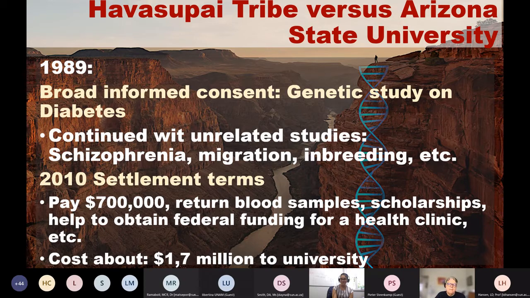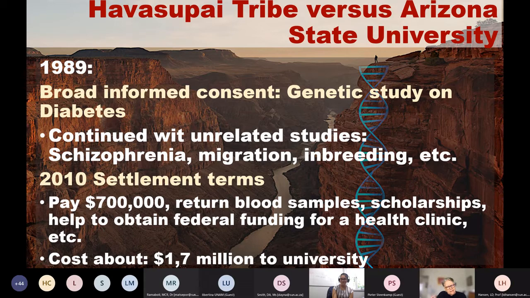So there was a time when an anthropologist visited them, and they talked to her about the huge issues around diabetes within their community. And then they thought, in terms of discussions with the academics, whether maybe a genetic study on diabetes would be meaningful to help identify key factors.